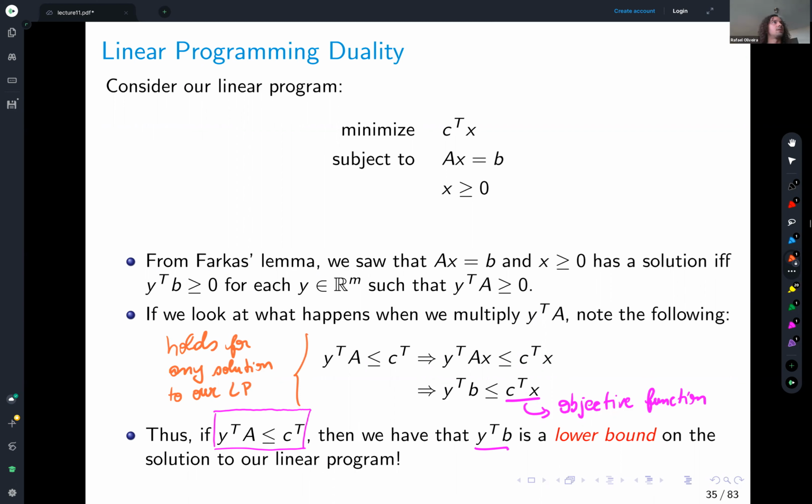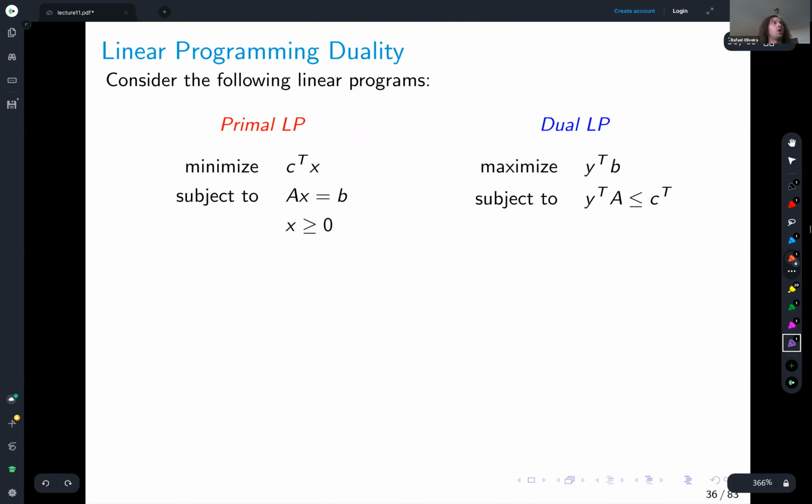Does that make sense? This motivates us to define another linear program, which is called the dual of the linear program that we were studying in the beginning. We started with the linear program on the left, and then somehow we obtained the linear program on the right.